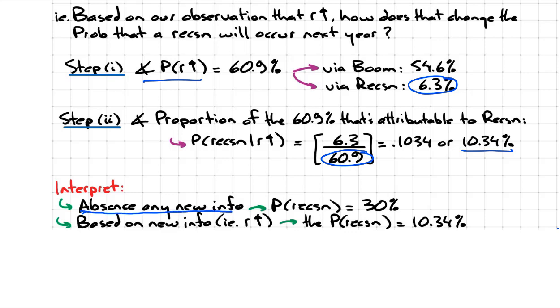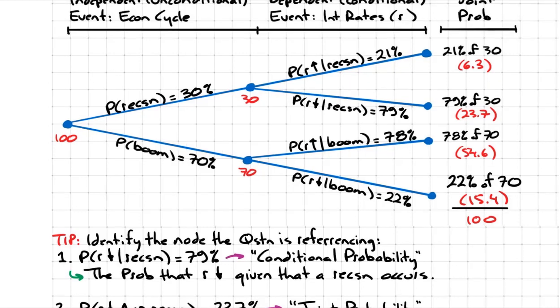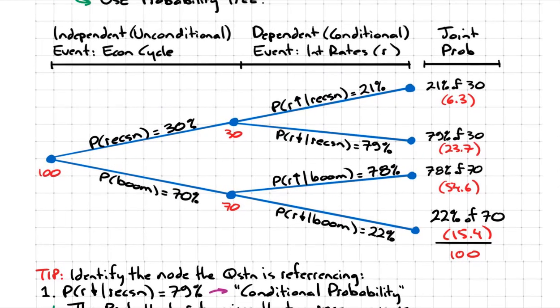Absent any new information, the probability that there'll be a recession is 30%. I just wanted to bring you back to the tree to see where all this is coming from. So if there is no information, our best estimate for the probability of recession next year is 30%. But here's what the posterior probability says.